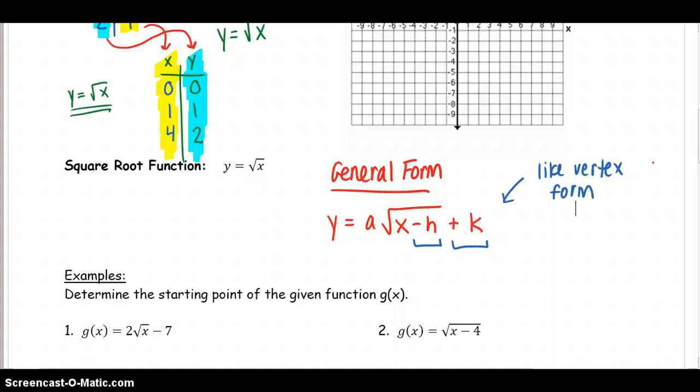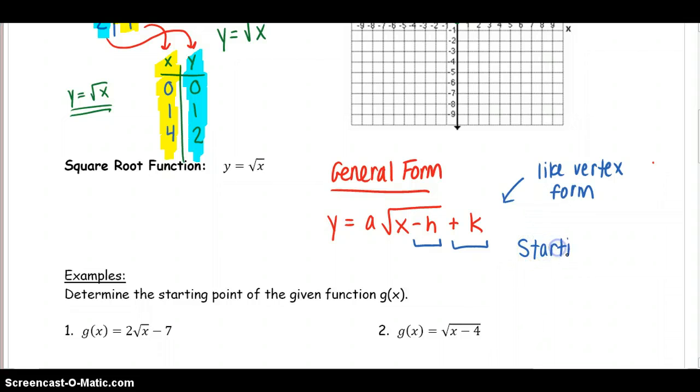Okay, there's also one other little difference, and that is it's not the vertex, because the square root function actually doesn't have a vertex, because it just kind of starts somewhere. Vertex, we think of it as kind of the point separating where the axis of symmetry is. Well, this doesn't really have a vertex. Instead, I like to call it the starting point.